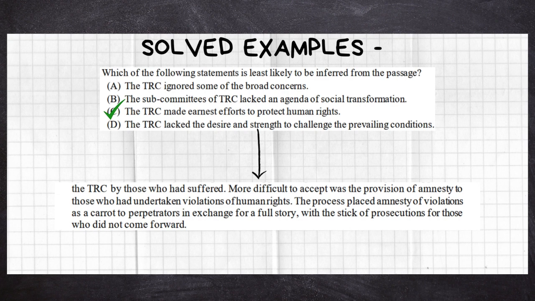So, how can the author agree with the statement that the TRC made earnest efforts to protect human rights? He shall definitely disagree with that third statement. Again, take 2 minutes and pause this video to read the relevant portion of the extract which contains the answer.